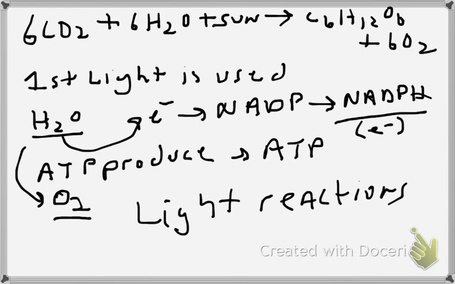But our goal here is to make glucose, or some kind of carbohydrate. So the next set of reactions is going to take advantage of the electrons and the energy.